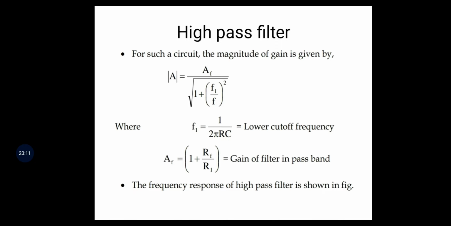So finally we get the gain equation: A equals AF divided by the square root of 1 plus (FL by F) whole squared. FL is equal to 1 by 2πRC, the lower cutoff frequency. AF equals 1 plus RF by R1, the gain of the filter in the pass band.